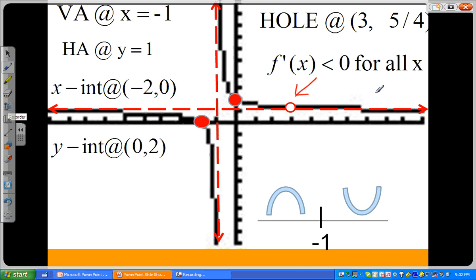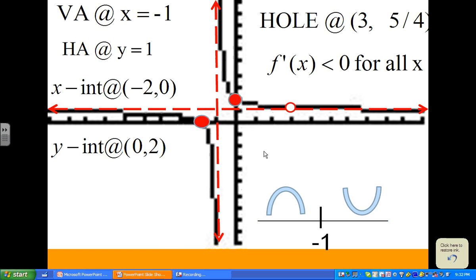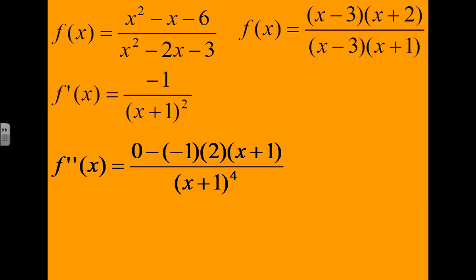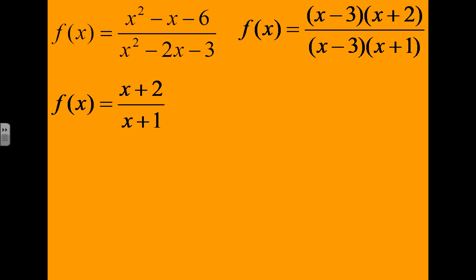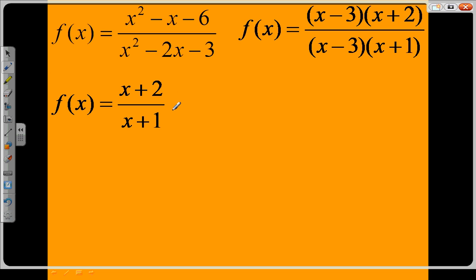To see if there's a crossing point between your vertical or horizontal asymptote and your function, take the equation for your horizontal asymptote, y equals 1, and set it equal to the function and see if it crosses. For instance, we'll go backwards and take a look. Set this function equal to 1.